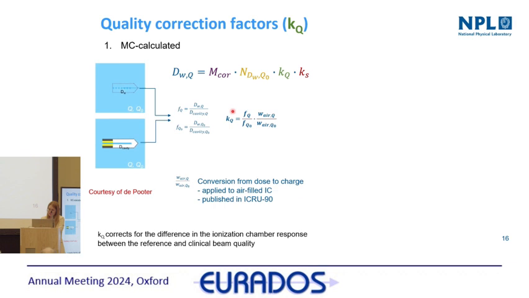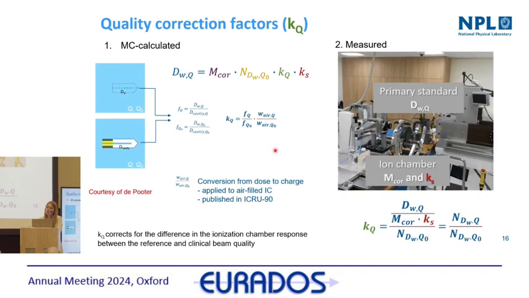And we can evaluate those factors using Monte Carlo methods by calculating so-called FQ factors, where the FQ factor is the ratio between the absorbed dose to water in the absence of any detector divided by the dose to the cavity of, in this case, the ionization chamber. And the KQ factor is the ratio of the FQ factors multiplied by the ratio of the WR values that are tabulated in ICRU 90.